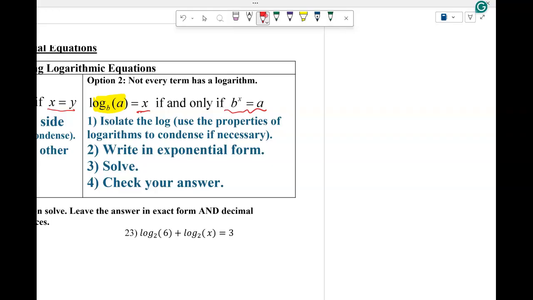So number 1 said isolate the log, use the properties of logarithms to condense if needed, write in exponential form. Remember, if there's only one log on either side, you can't drop the log, so we now have to write it in exponential form. We are going to solve and make sure we check our answer.